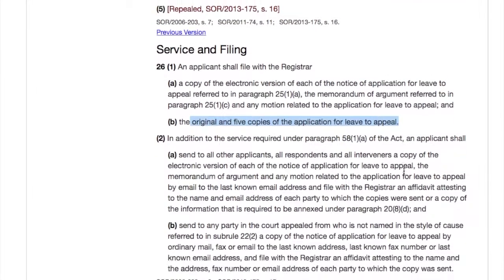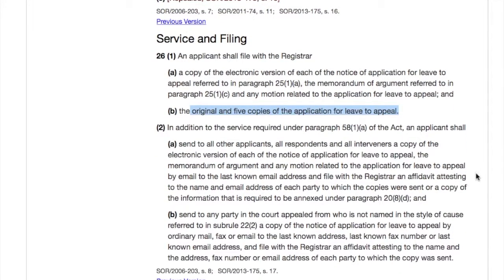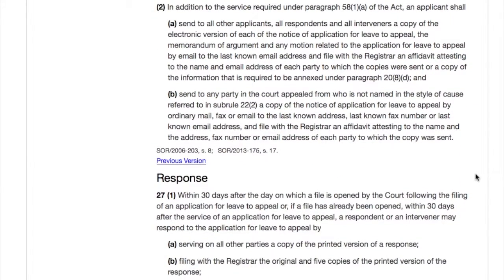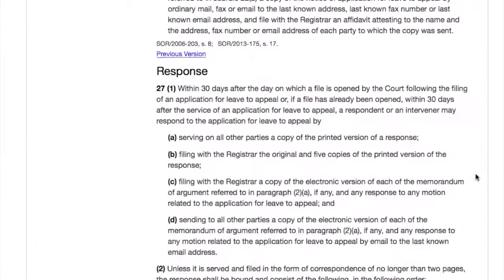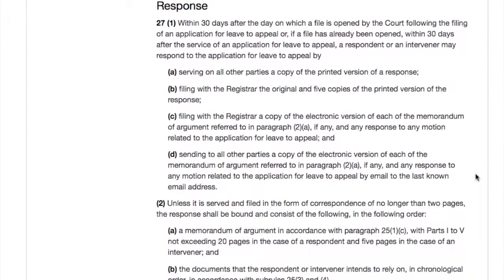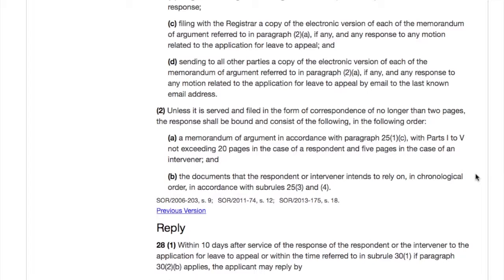What's also good to know is that right when you start off, you're going to need to make at least 6 copies of your materials. So my materials amounted to 63 pages, and that translates into one set of 63 pages going to the other side, so the lawyer that I'm serving on the other side.